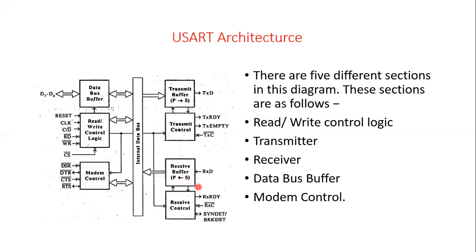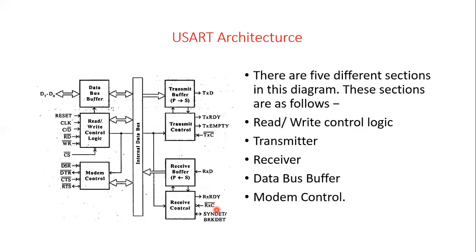Then receiver section. The receiver accepts serial data on the RxD line from the peripheral and converts it into parallel data. Receive data, RxD. So bits are received serially on this line and converted into a parallel byte in the receiver input register. Then RxC, receiver clock. This clock signal controls the rate at which the bits are received by the USART.